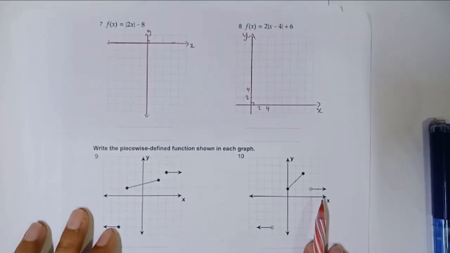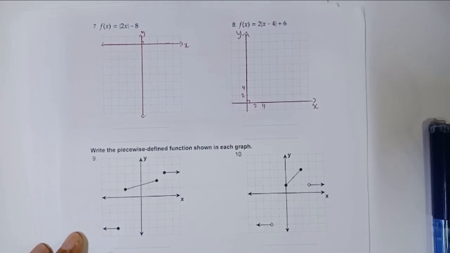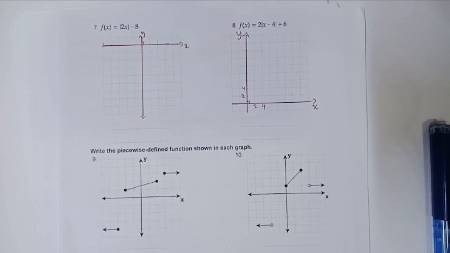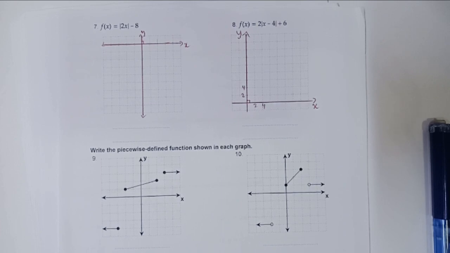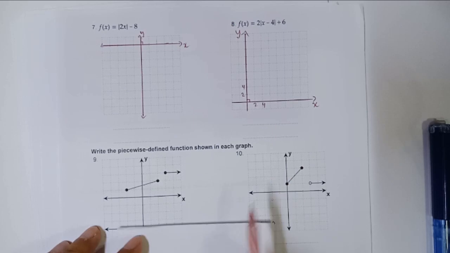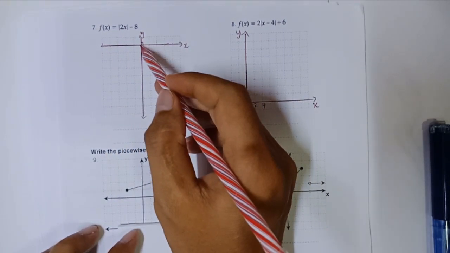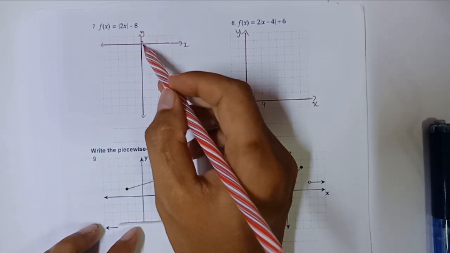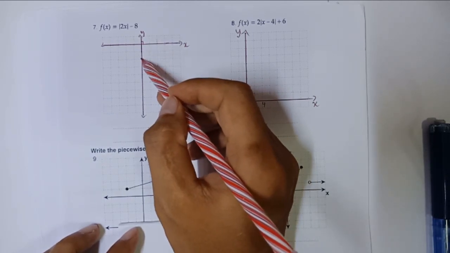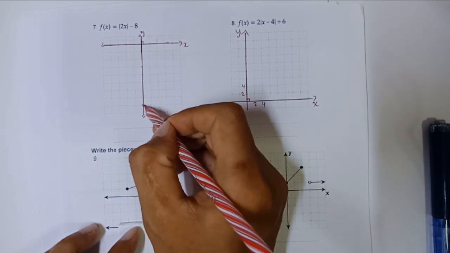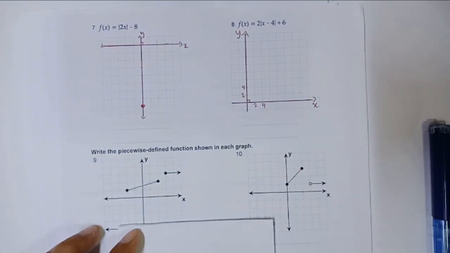Number 7, graphing. Still absolute value function. Looking at this one together, as you can see, let's get the vertex first. The vertex is going to be 0, -8. x 0, y -8. This by default is 1, so 1, 2, 3, 4, 5, 6, 7, 8. 0, -8, that's the vertex.